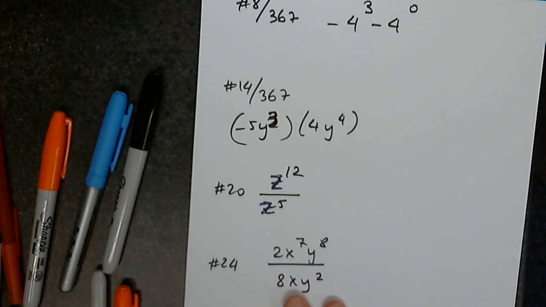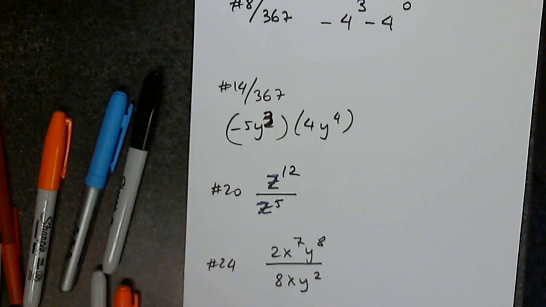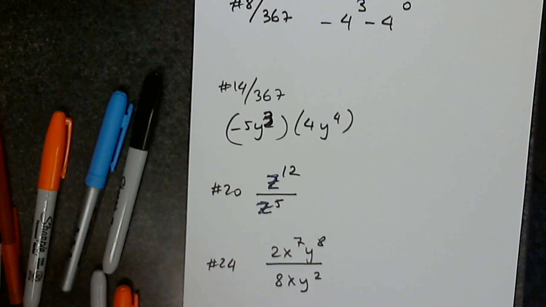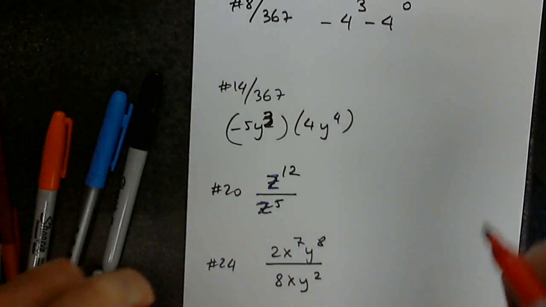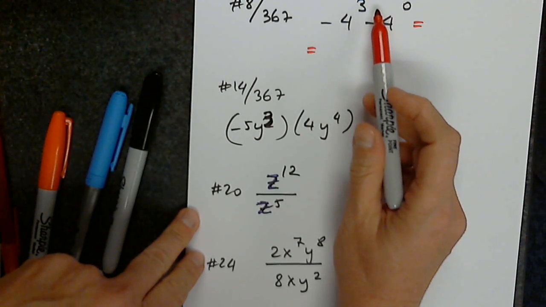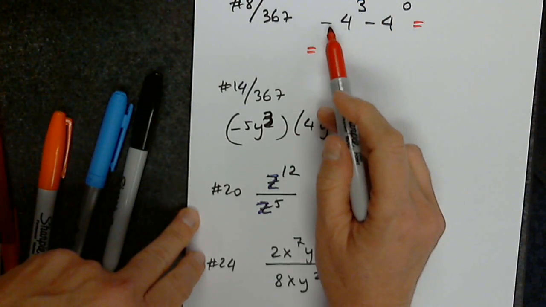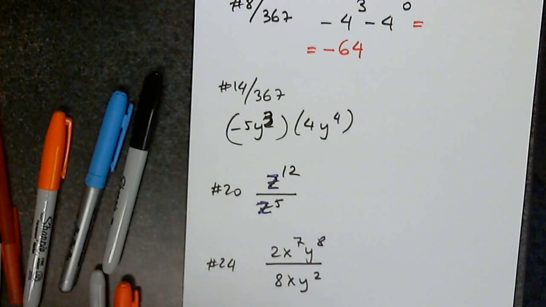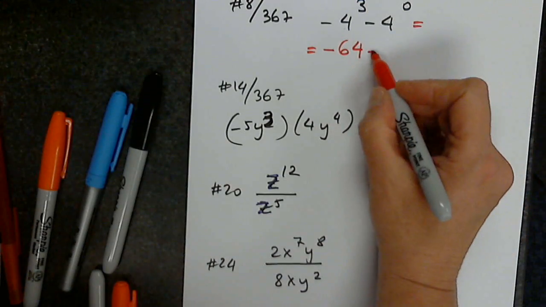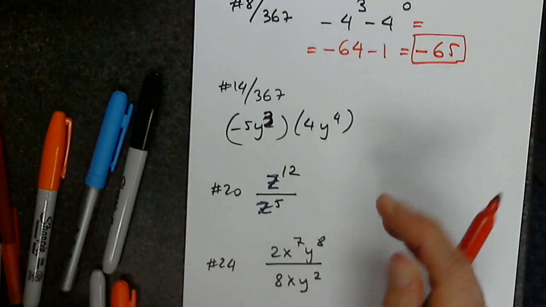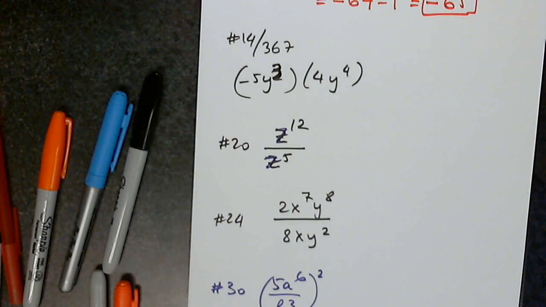Do we need more time on the first one? Okay. So, how much is negative 4 to the third power? I have to raise 4 to the third power, which is 64 with minus in front. Negative 64. How much is 4 raised to 0? With minus in front, negative 1. The answer is? Well done.